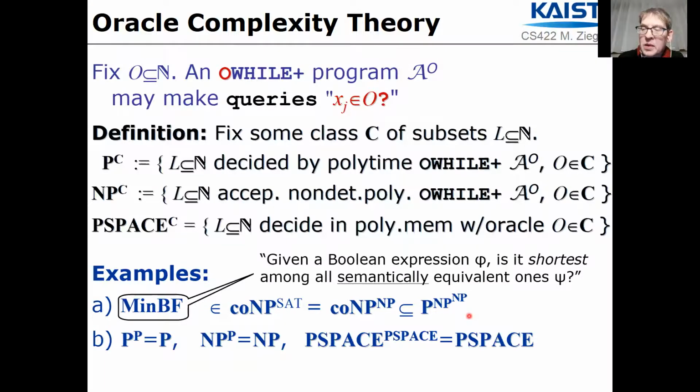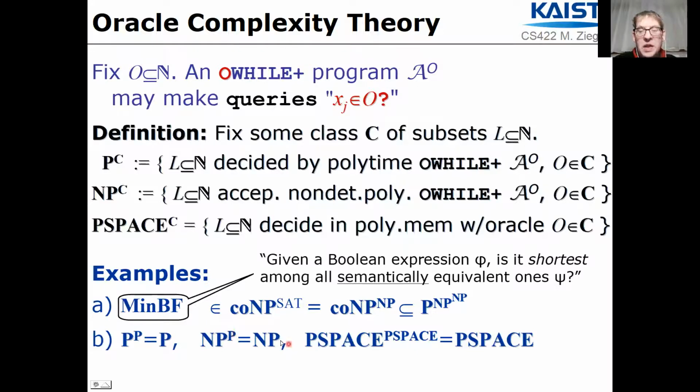So let us collect some properties of this relativized complexity class. Relativizing a polynomial time decidable problem with a polynomial time decidable oracle does not increase the computational power significantly. It remains within polynomial, because the composition of a polynomial time algorithm with another polynomial time algorithm that we use to replace the oracle query with a deterministic one is again a polynomial time algorithm, a higher degree polynomial, but still polynomial.